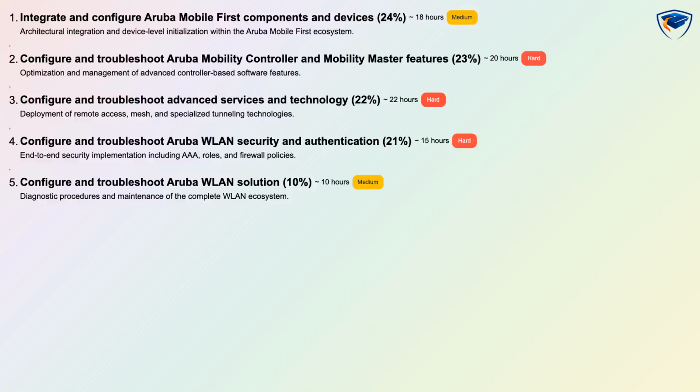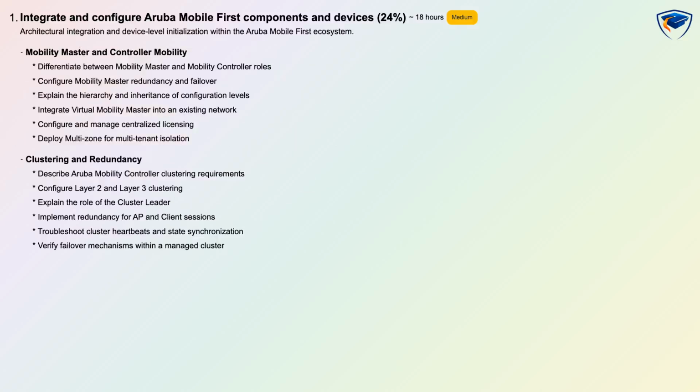on the domain. Integrate and configure Aruba mobile first components and devices is weighted at 24%, rated medium difficulty, and estimates 18 hours of study with conceptual and scenario-based assessment. You will learn to differentiate Mobility Master and Mobility Controller roles, configure Mobility Master redundancy and failover, and understand configuration hierarchy and inheritance.